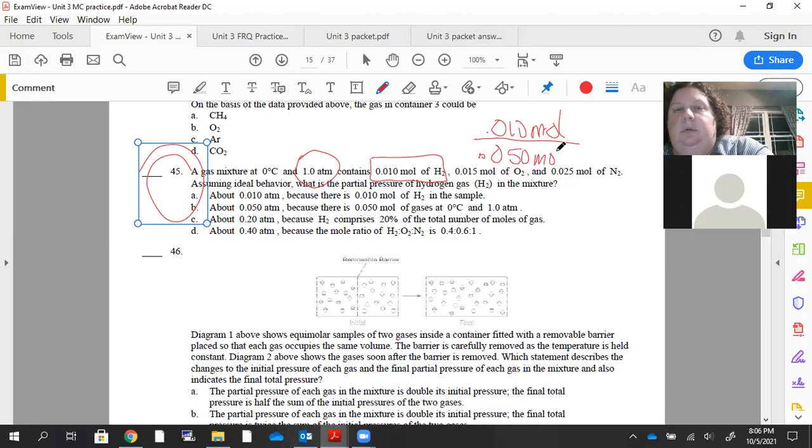0.050 moles. So that's my mole ratio, because I've got that many moles of hydrogen in that many moles of gas total. And then I multiply that by my total pressure in the whole container. Because whatever fraction of the mixture hydrogen is, it's going to provide that same fraction of the pressure to that mixture.